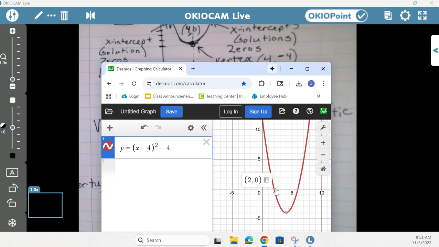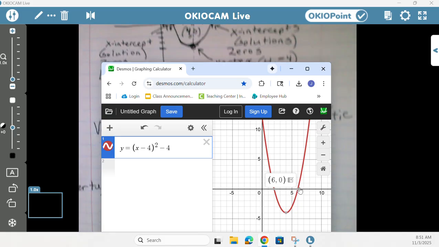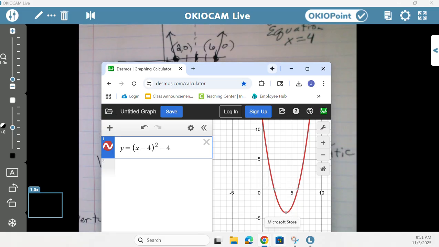My zeros, 2, 0 and 6, 0. My graph up here at the top, 2, 0, 6, 0. Using those zeros, I should be able to also write this in factored form.